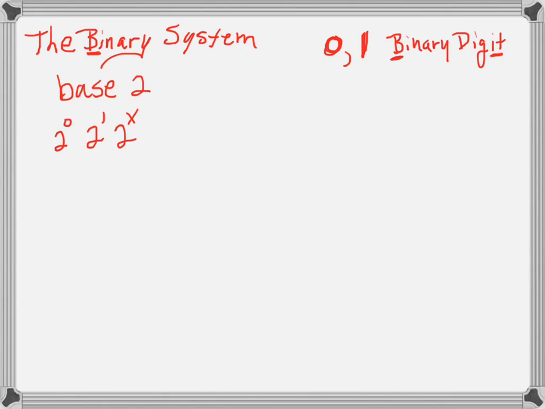Like even if you look on the back of your computer or back of some device, a lot of times you'll see an on-off switch, and you'll see that on one of them there's this, and the other one there's this. Well, those are binary digits. The 1 means if you're going to push that, it's going to turn it on. If you push the 0, it's going to turn it off.